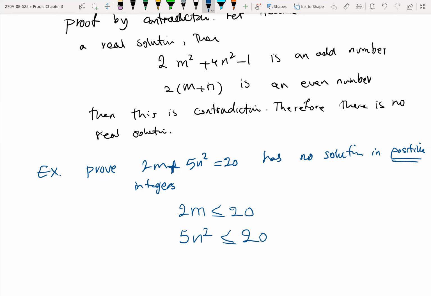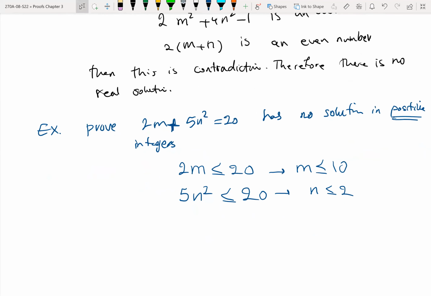So that makes it into cases. Let's say m is less than or equal to 10. Then n has to be, 20 divided by 5 is 4, so square rooting both sides, n is less than or equal to 2. In that case, we can really test.